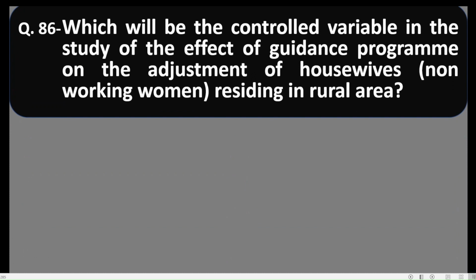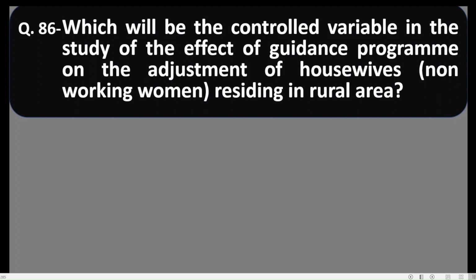Question number 86. Which will be the controlled variable in the study of the impact of guidance program on the adjustment of housewives, non-working women residing in rural area? See, here we have to find the control variable.